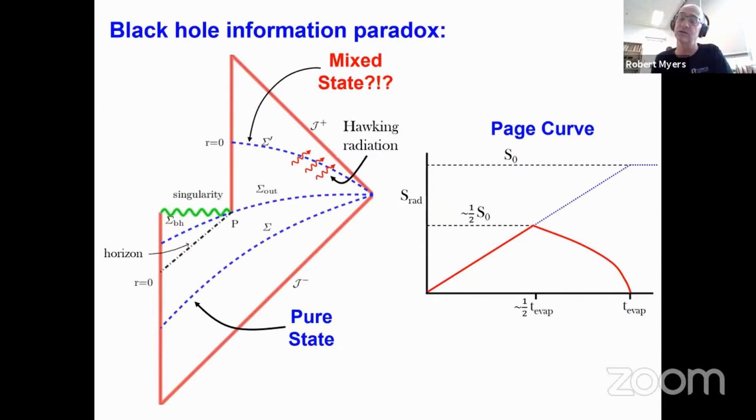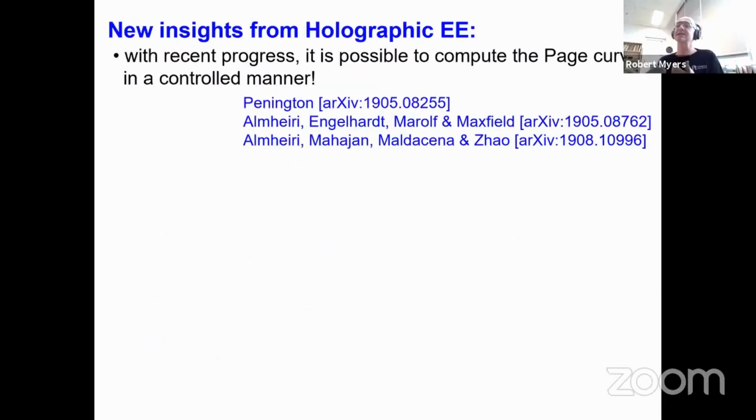Now, the surprising thing in the past few years is that for a certain class of models, we can actually calculate that Page curve in a controlled manner. And that was really kicked off by these first two papers about 2 years ago now. But I've also included this third paper that followed up, and a lot of what I talk about is motivated by the discussion that was presented there.